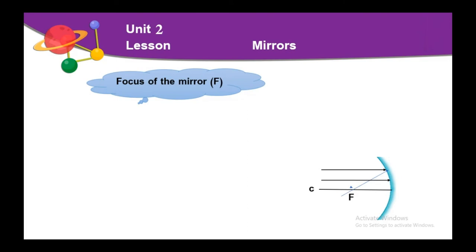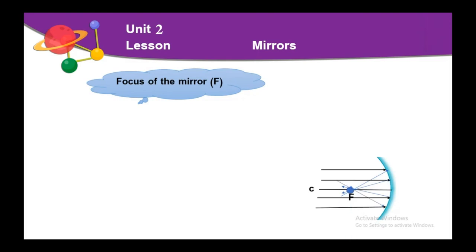When light falls on the concave mirror, it is reflected passing through the focus, as you see in the picture. When light falls parallel to the principal axis, it is reflected passing through the focus. Another light ray is reflected passing through the focus, and another one as well.